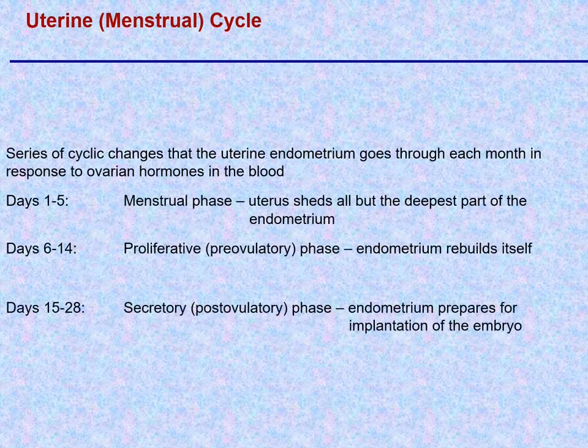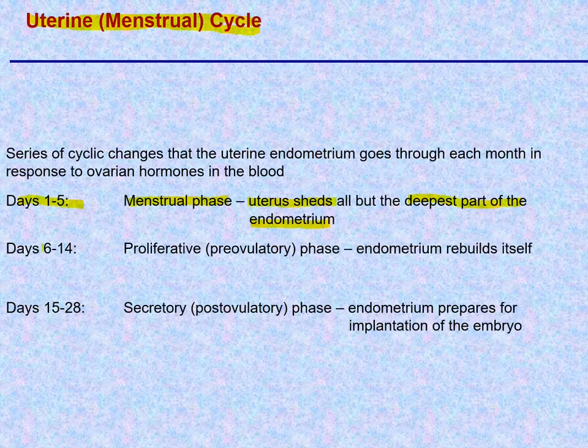Okay, so the uterine, also called menstrual cycle, when we focus on what's happening in the uterus, as I said earlier, the first 5 days is the menstrual phase, where the functional layer, stratum functionalis, is shedding off. This is the functional layer of the endometrium, but the deeper layer, the stratum basalis, isn't affected, and in fact will later lead to development and building up of a new functional layer.